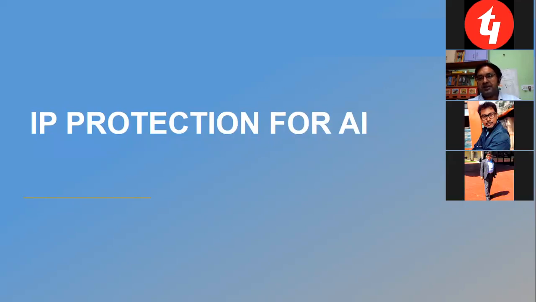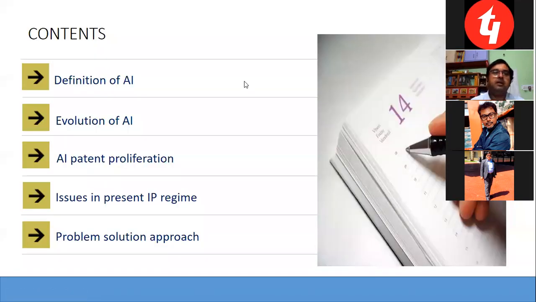Today we will be discussing artificial intelligence. The basic topics that we would be covering today are the definition of artificial intelligence, the evolution of artificial intelligence, and how it's evolving in the world.